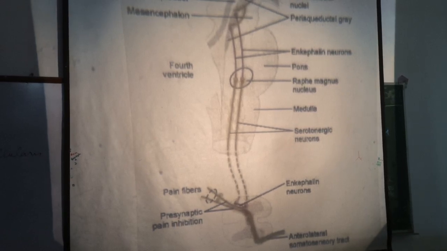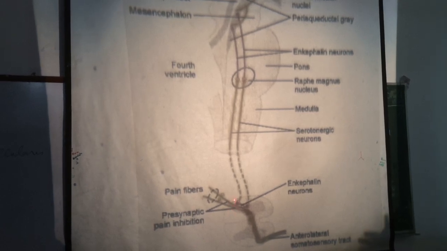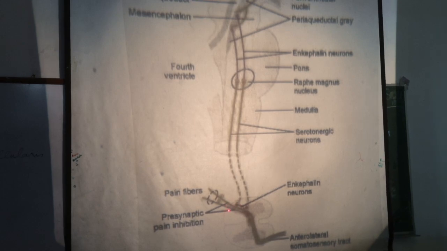And then in the pain inhibitory complex in the dorsal horn of spinal cord, the neurons release enkephalin.